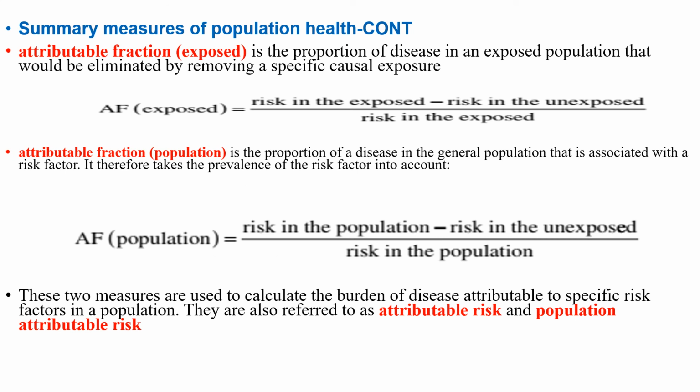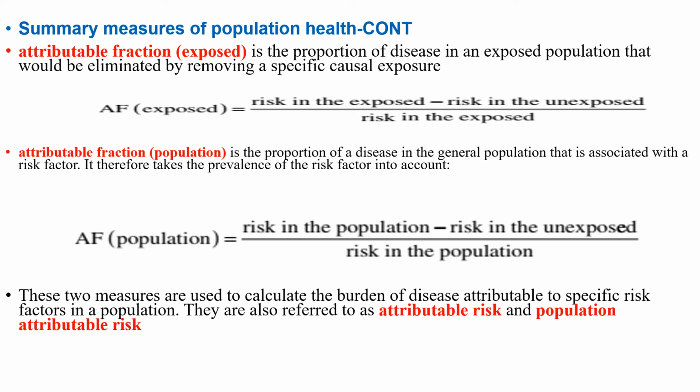Continued summary measures of population health: attributable fraction, those exposed, and attributable fraction, population. Attributable fraction exposed is the proportion of disease in an exposed population that would be eliminated by removing a specific causal exposure.